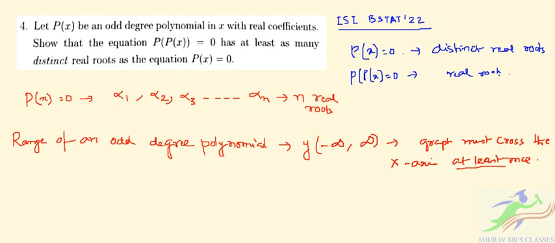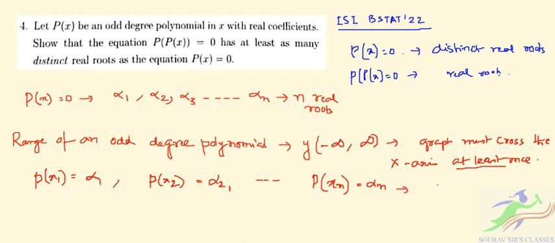If P(x1) is the root alpha 1 and P(x2) is alpha 2, and so on, P(xn) will be alpha n, so it will have at least a distinct real root.